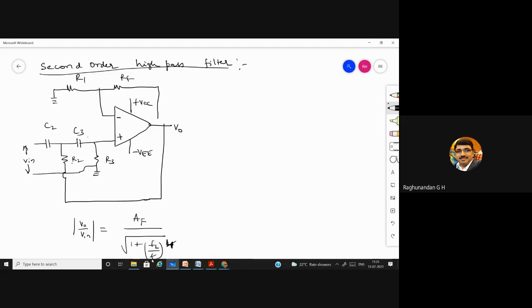But when you consider those two kinds of equations, there is one thing which is different. Similar kind of equation we have obtained for the second order low pass filter also, but there is one small change. As soon as you look, you will feel it is the same equation. What is that small change?